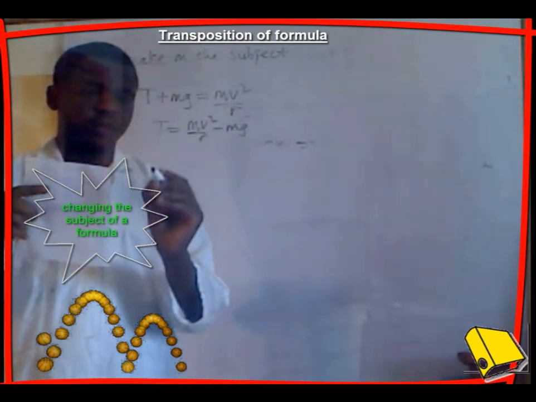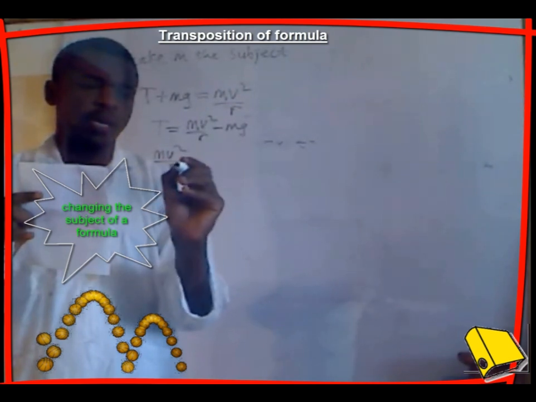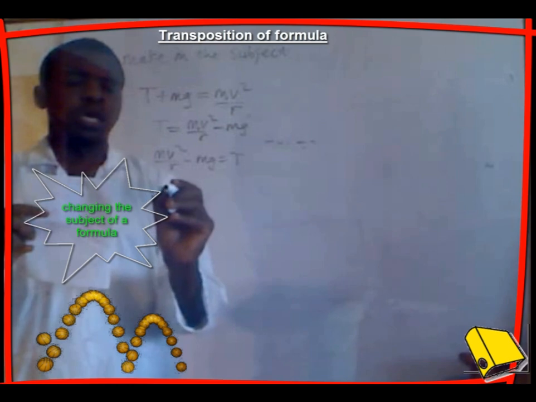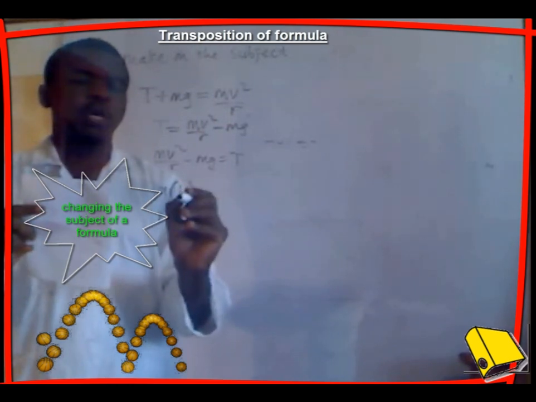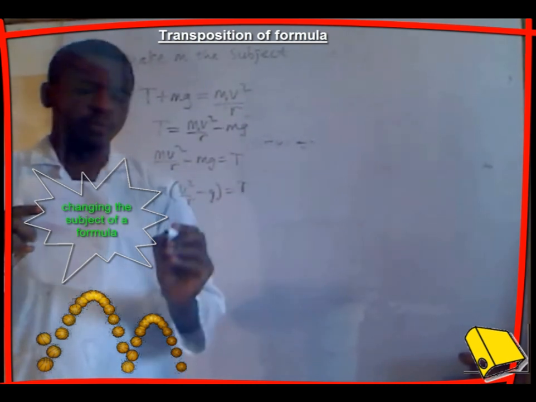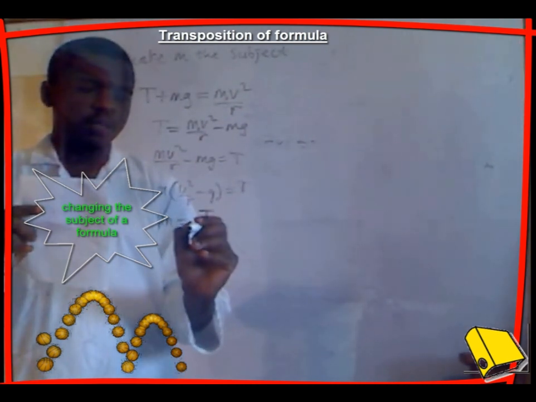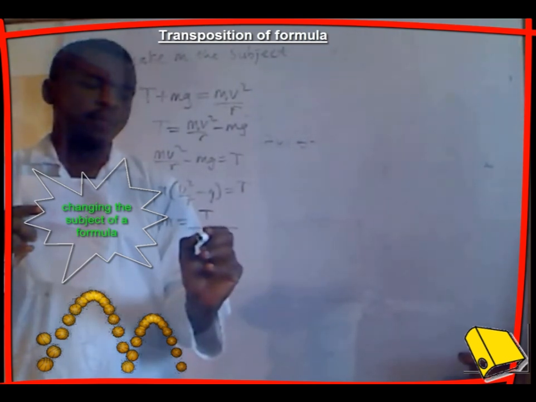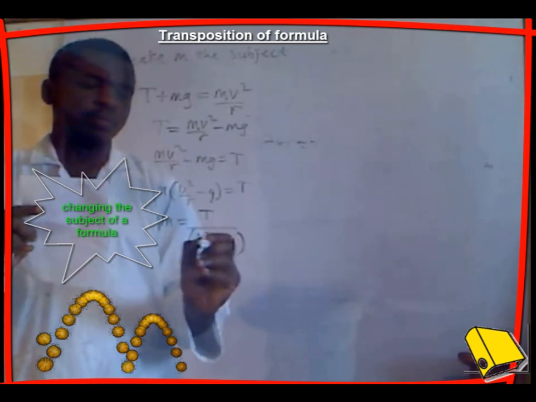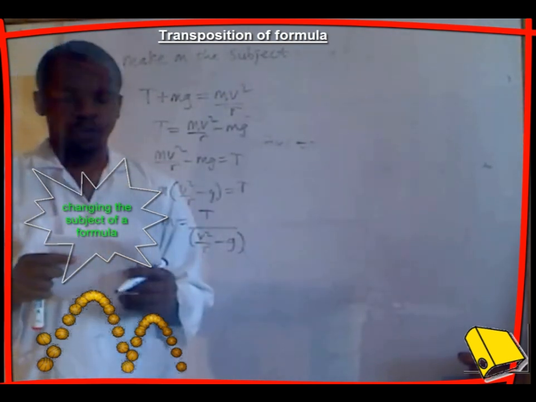I turn it all over to say mv squared all over r minus mg is equals to t. M factor of v squared all over r minus g is equals to t. M is equals to t divided by v squared all over r minus g. I've made m the subject in that formula.